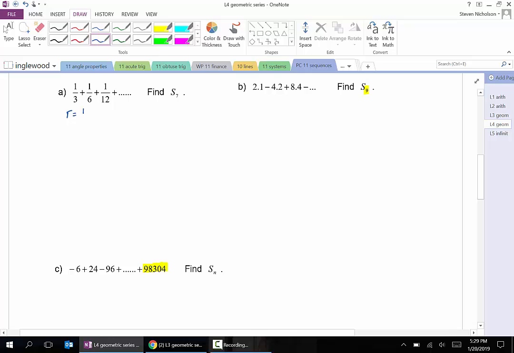So r is 1/2. And we could figure that out by dividing the next term by the one in front of it, which is fraction arithmetic, 3 over 6, which is 1 over 2. And then we're going to use our formula. S of 7 is equal to 1/3 times 1 minus 1 over 2 to the power 7, over 1 minus 1/2.